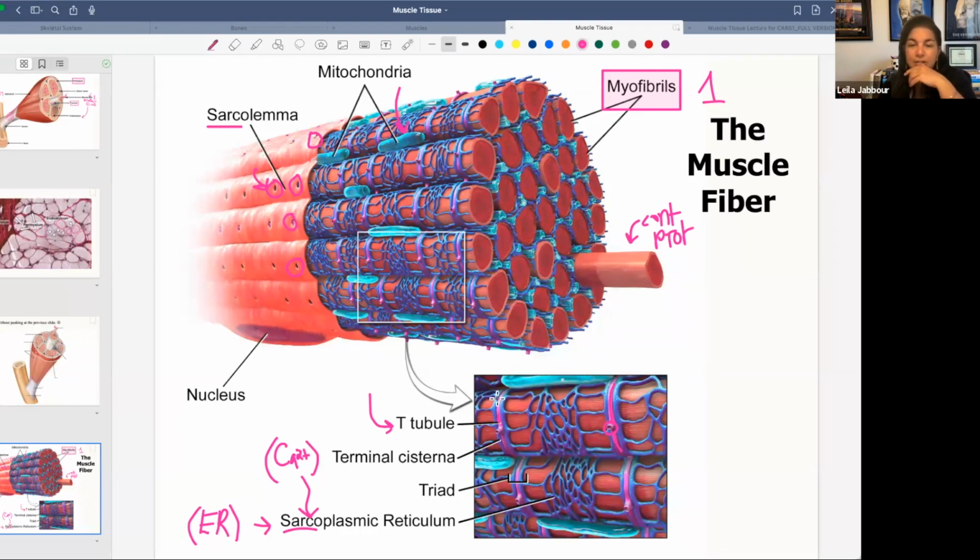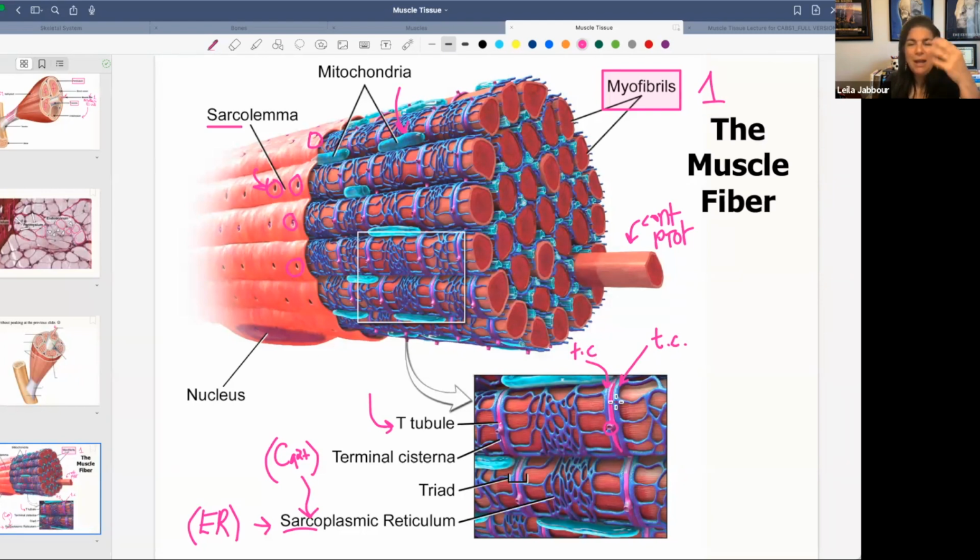So the T tubules happen to fall right between sarcoplasmic reticulum sections. The end of a sarcoplasmic reticulum is called the terminal cisterna. And the end of the next sarcoplasmic reticulum section is called terminal cisterna as well.